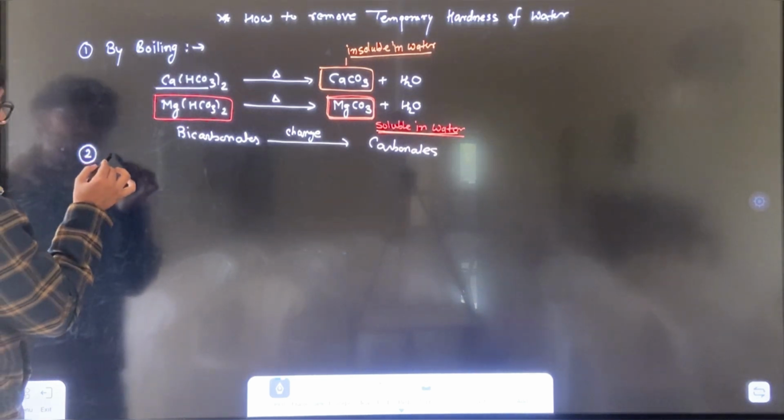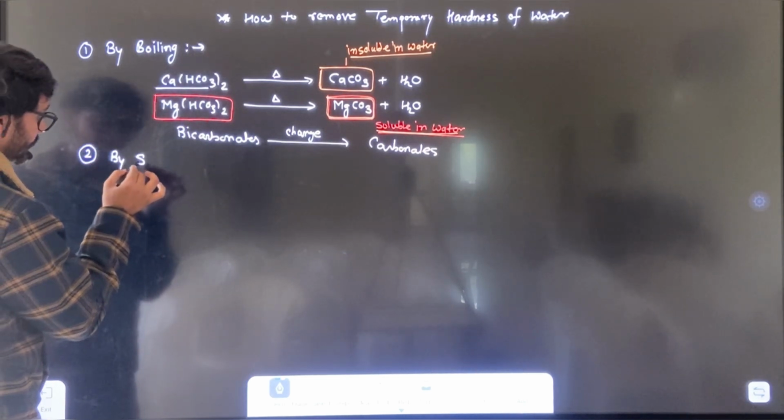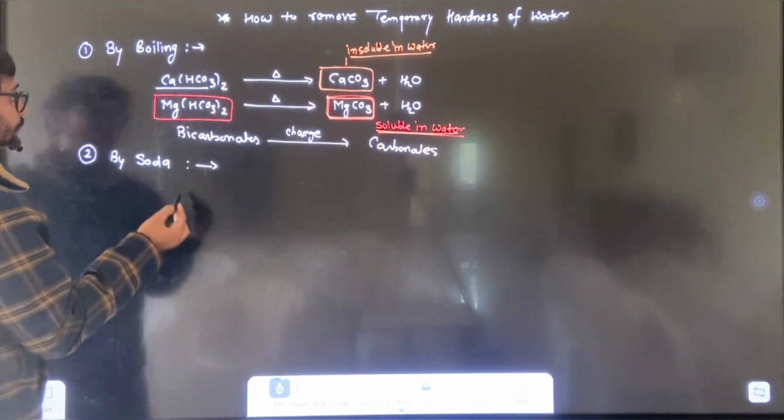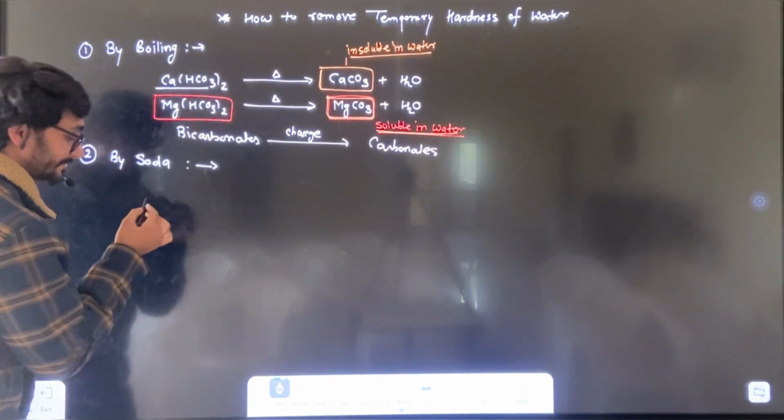The second method is by soda. By the soda method, we can remove temporary hardness.